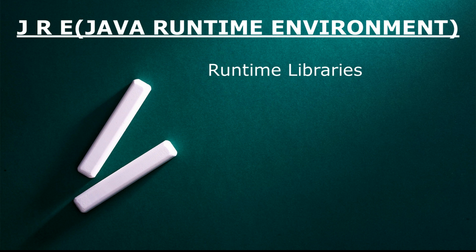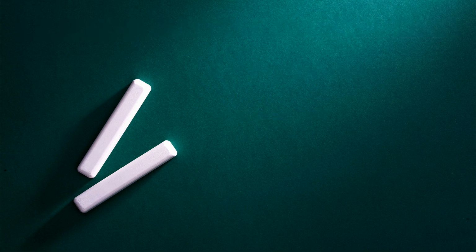So JRE is responsible for bringing the libraries together with the JVM. Actually, JRE contains a JVM and the supporting libraries. So, if you have a JRE present in your machine, that means you have a JVM available in your machine and you can run your Java code.